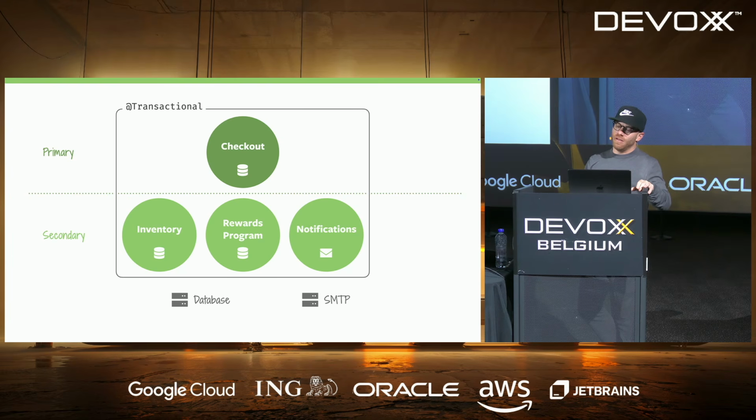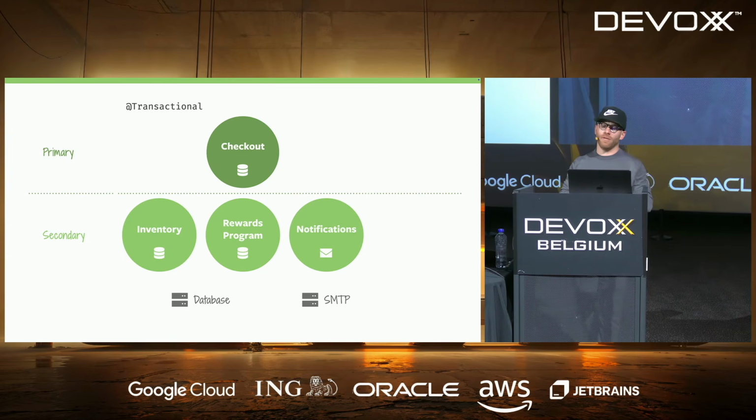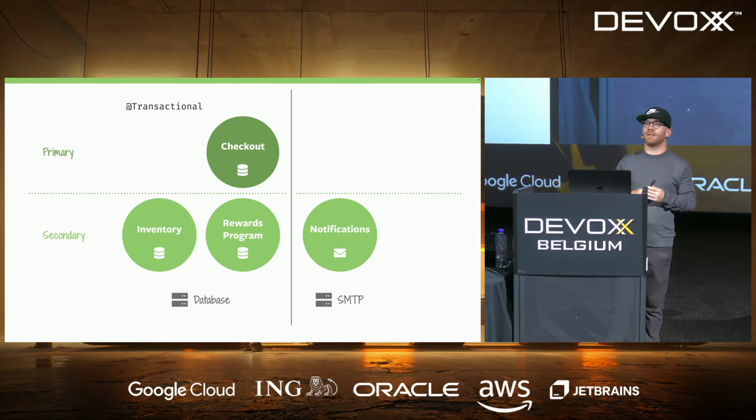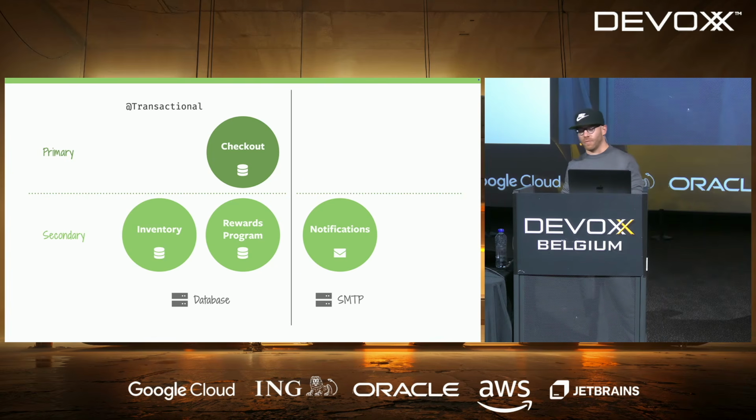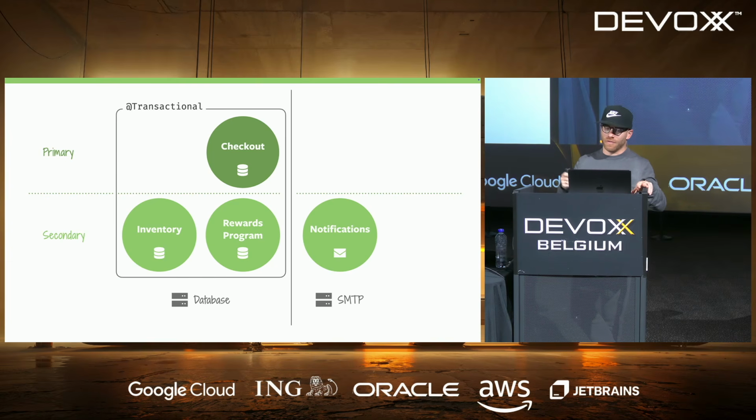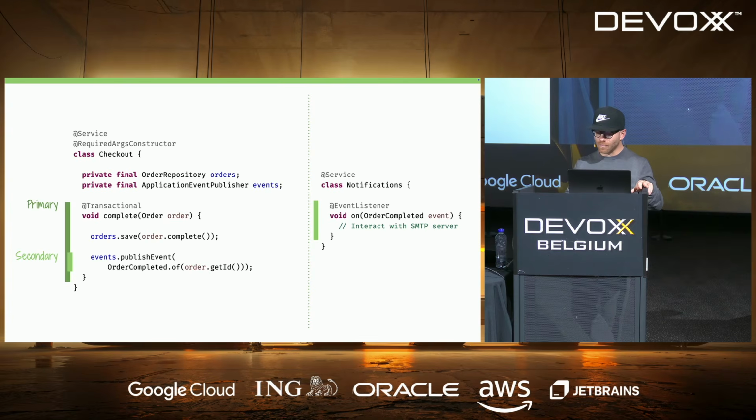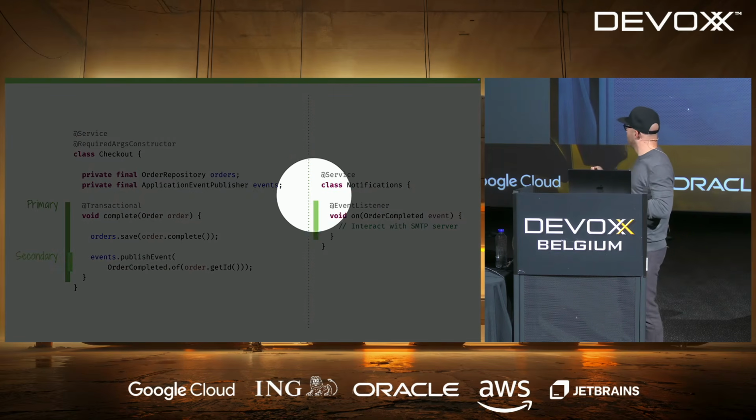So that's the problem here, because that email notification was a bit tiny in my graphic, but it might actually be much longer. So what if there was a way for us to decouple the interaction with the notifications from that entire interaction, so that we can contain the transactional boundary, or make it smaller at least, right? The way that we could do that is, just watch this space here.